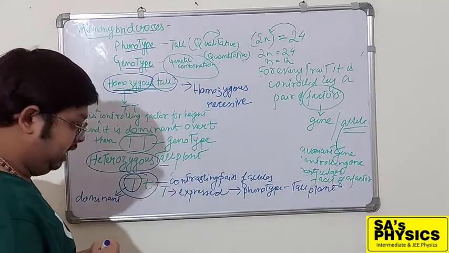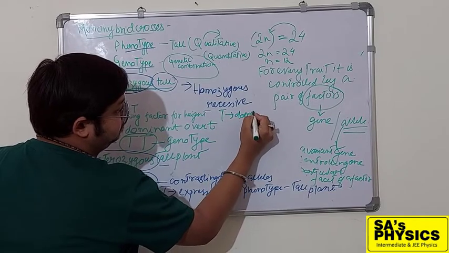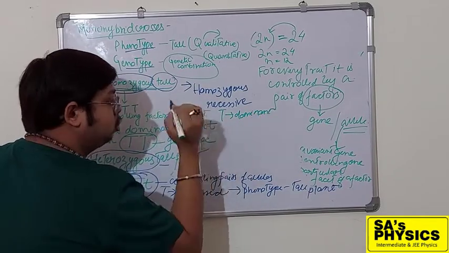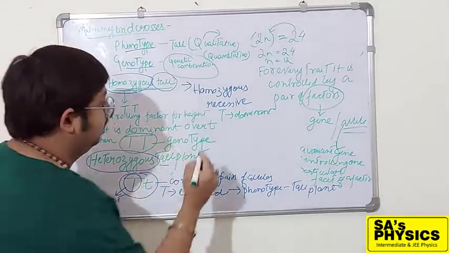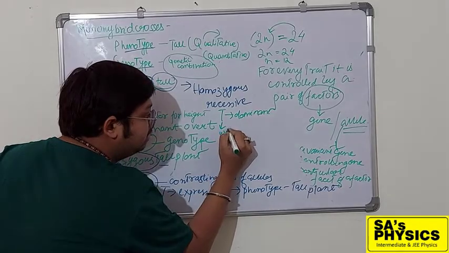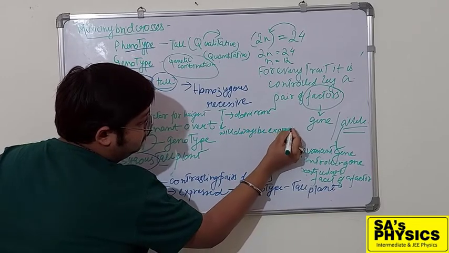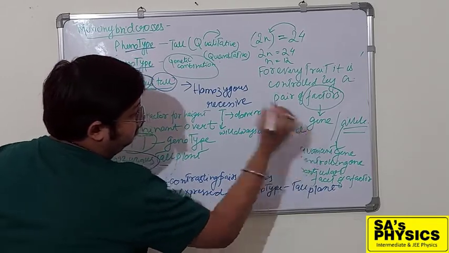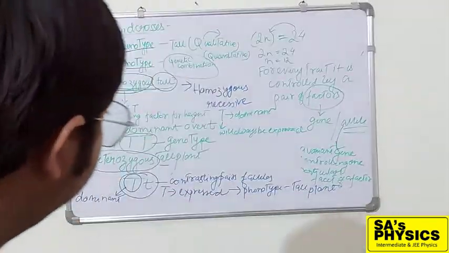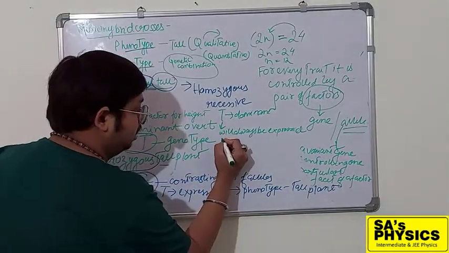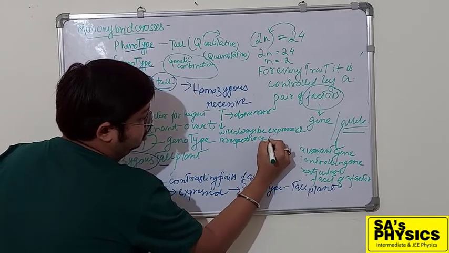Now, since capital T is dominant, whenever capital T will be present in the genotype, capital T will always be expressed, irrespective of small t.